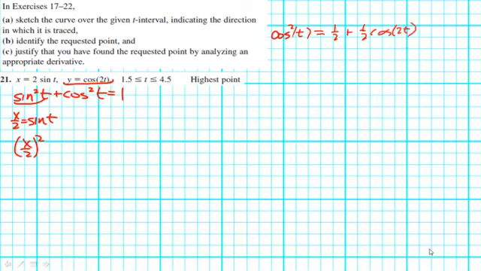If I solve this for cosine 2t, I get cosine squared of t minus 1/2 is equal to 1/2 cosine 2t, or 2 cosine squared t minus 1 is equal to cosine of 2t.